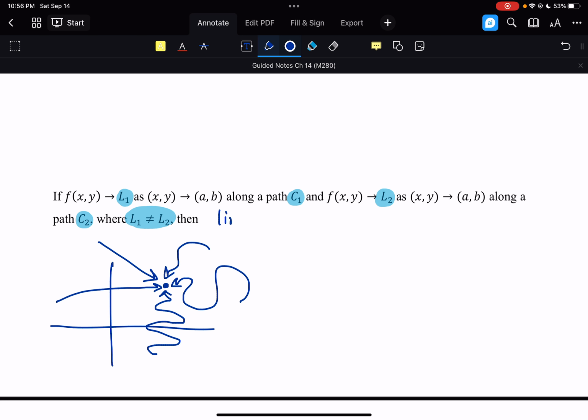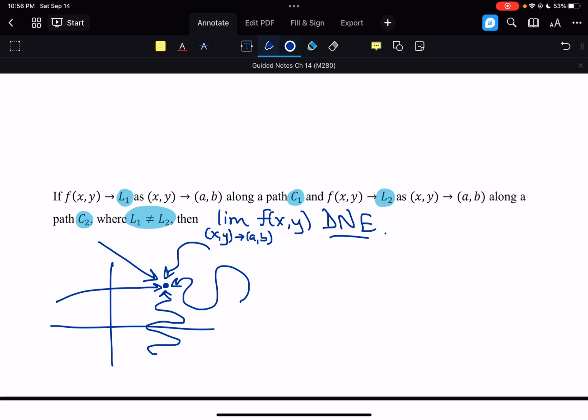This tells us that the limit as xy approaches AB of f of xy does not exist, or DNE. So we can show that a limit does not exist in 3D by simply finding two paths that approach different limit values.